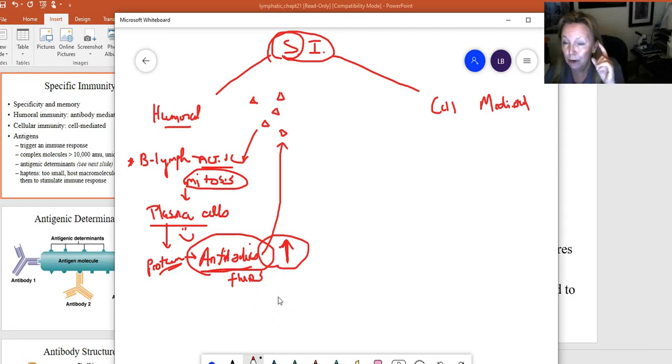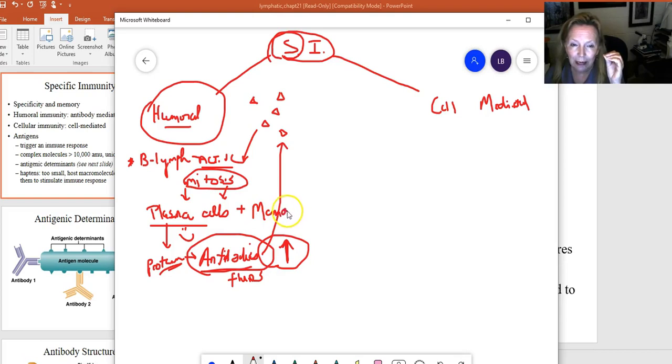The true beauty of this entire humoral immunity is that not only will the mitosis make plasma cells, but when these plasma cells are first made, there will also be a few memory B cells that will be produced. These memory B cells will last for decades.